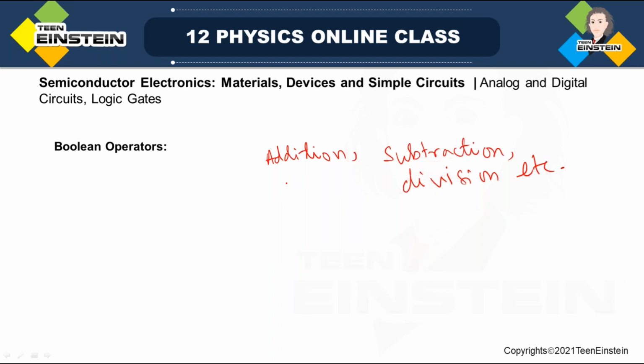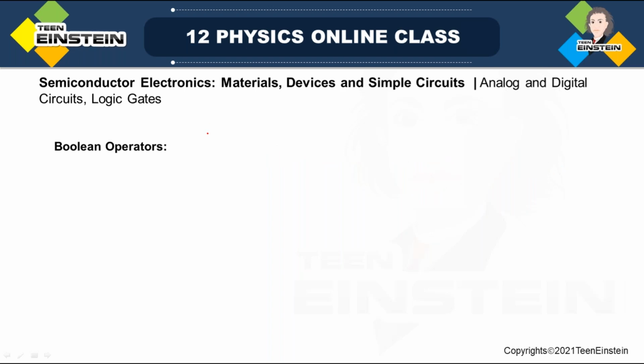Those are the AND operator, OR operator, and NOT operator. These are the basic operators which Boolean algebra uses. These are Boolean operators.